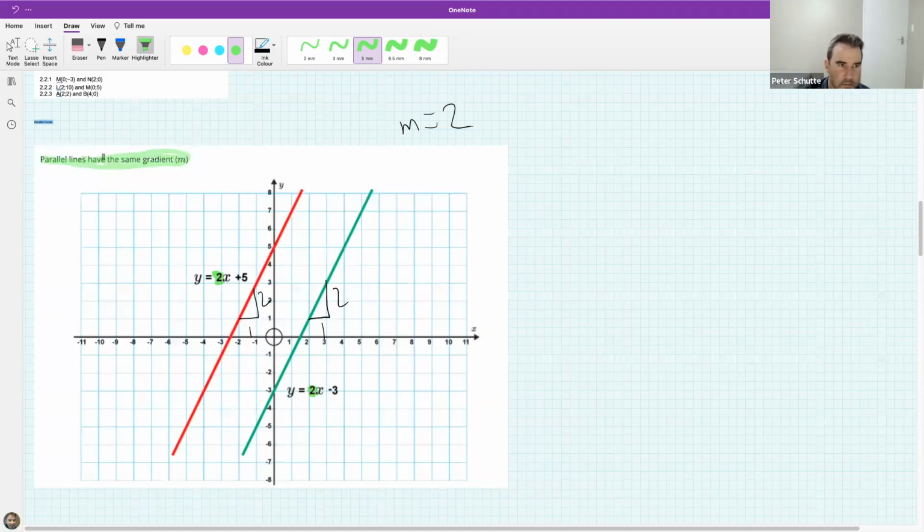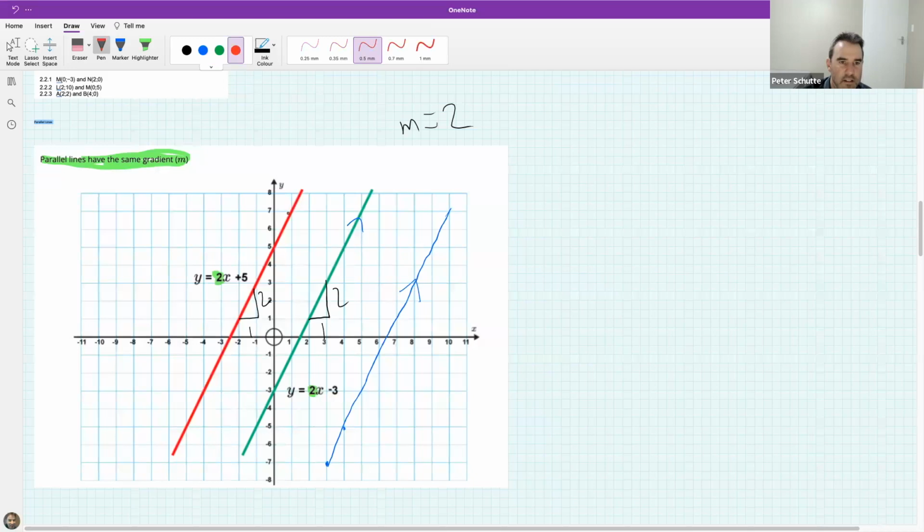Fantastic. Thank you, Manda. Another thing I want to point out is that if I wanted to draw another line parallel to these, all I need to do is choose 2 points that have a gradient of 2 between them. And if I draw a line with a gradient of 2, which I'm trying to do right now, you will notice that this line is also parallel to these ones.